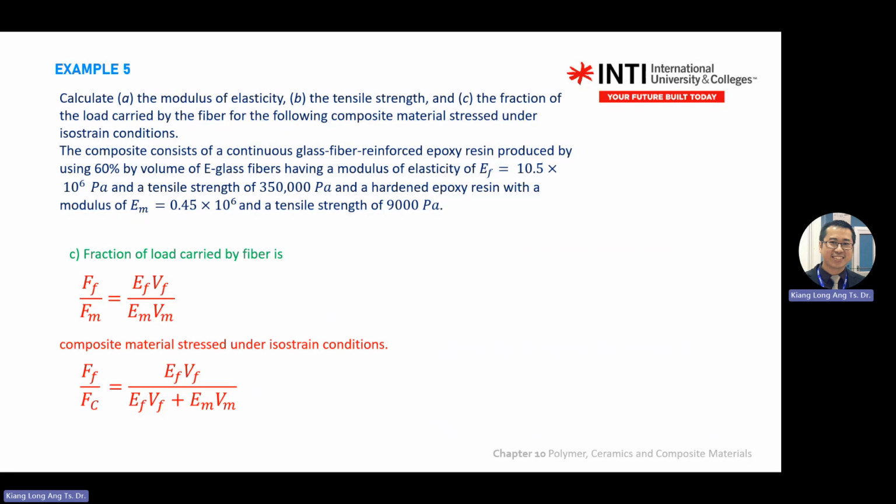So you modify this equation a little bit into this one. So there are two things. Either this one or this one. There is a derivation step to convert this one into this one. I just keep that. So you can use either this one or this one, but you don't have this one. So you have the fiber and matrix E and V. So you use FC. Okay, you substitute, you get 0.97.